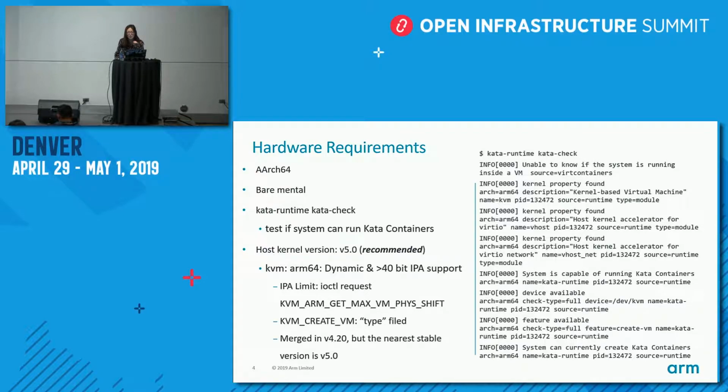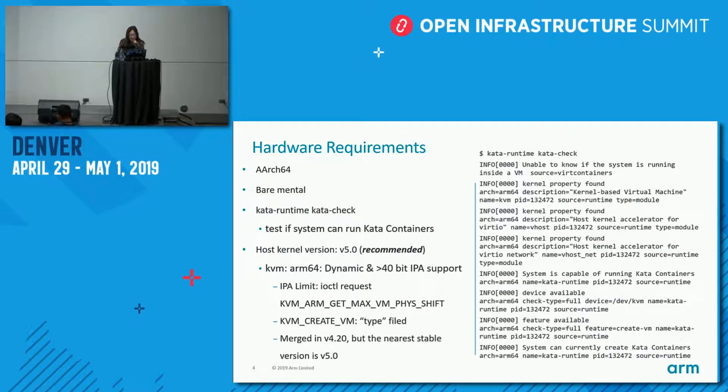Because in the Kata world, we are continuously talking about large chunk device memory, like virtual NVDIMM, hotplug PCI. So in previous kernel versions, 4.16, 4.19, the physical address for the virtual machine is limited to a static limit of 40 bits, which is definitely not enough for the Kata world. So our kernel team has proposed these patches and got them merged in version 4.20.